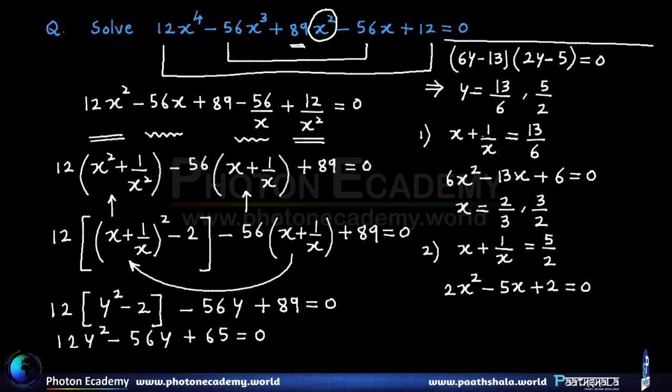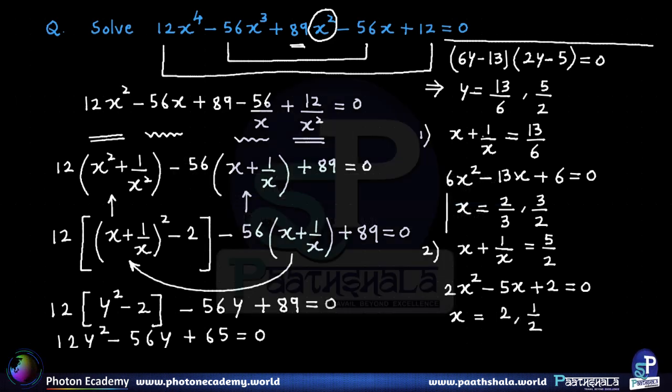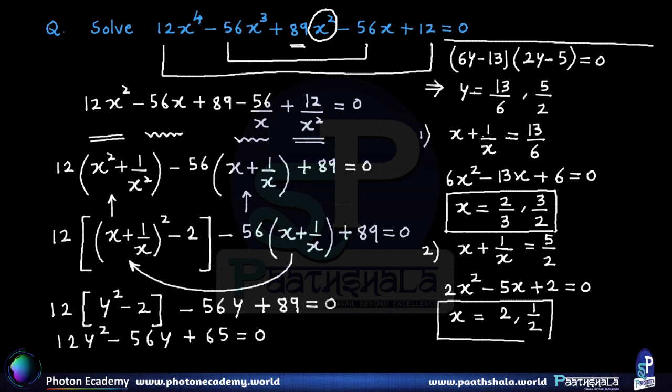When we solve this, we get the roots as 2 and 1 by 2. So the final answer is x can be equal to either these two or these two. And since the original equation is of degree 4, we rightly got the 4 roots of that equation.